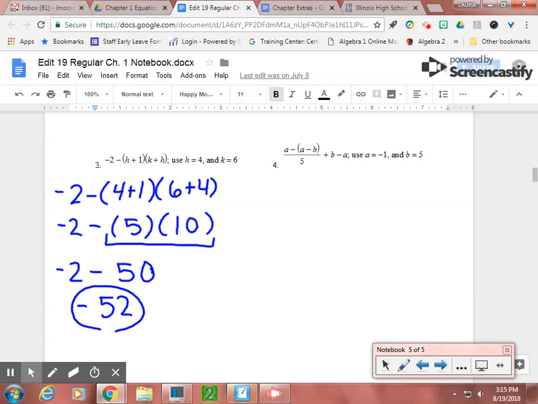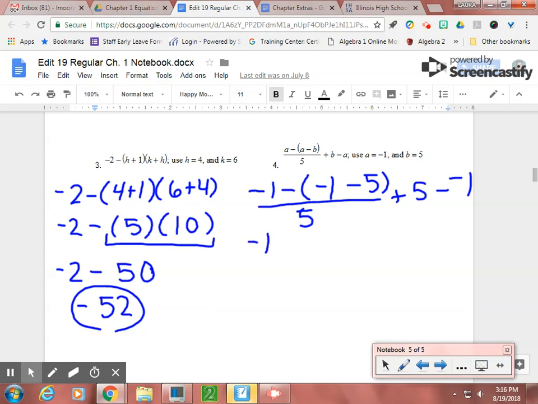Okay, over here, negative 1 minus negative 1 minus 5 over 5. Don't forget about your stuff outside. So plus 5 minus negative 1. Okay, so we're going to work in our parentheses first. Negative 1 minus negative 6 over 5 plus 5 minus negative 1. Well, this is going to become plus plus.